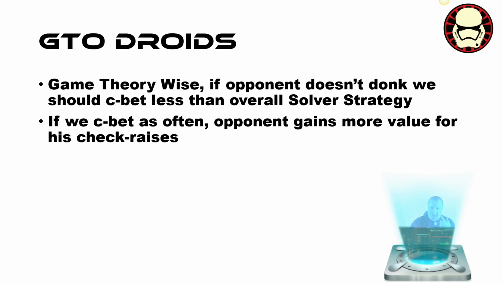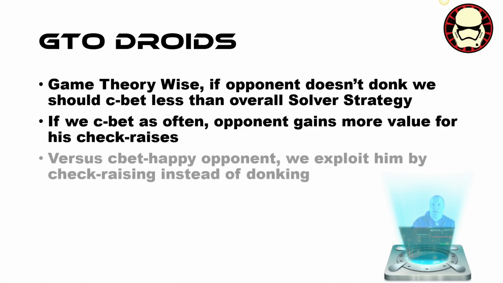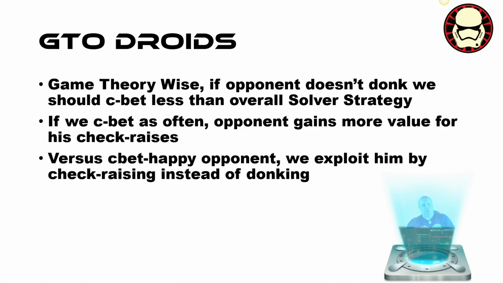But then the thing is that when we check, an opponent c-bets as often, he might even have a solver and he sees that on this board we c-bet 60%, and he c-bets 60% versus the range that we check. Now it means that we exploit him by checking more than donking.